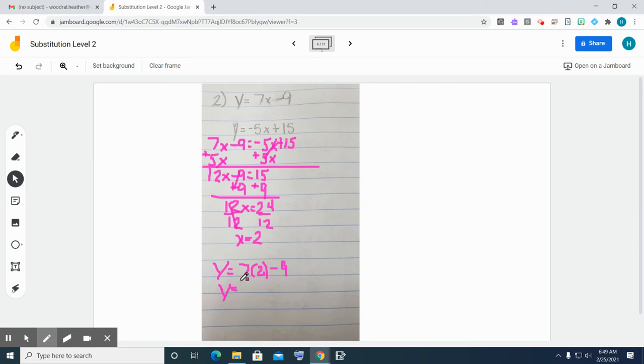That's y equals 14 minus 9, which is y is equal to 5. So we have our ordered pair. My x is 2, y is 5. So my solution to the system of equations would be 2, 5.